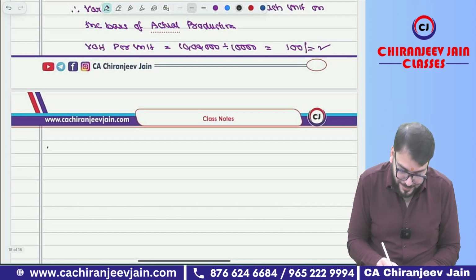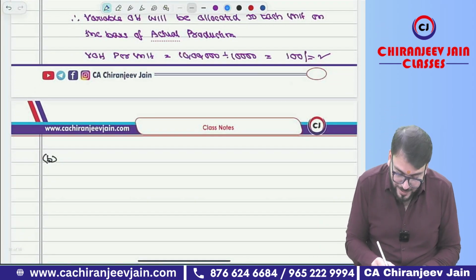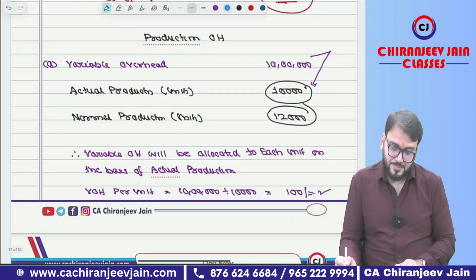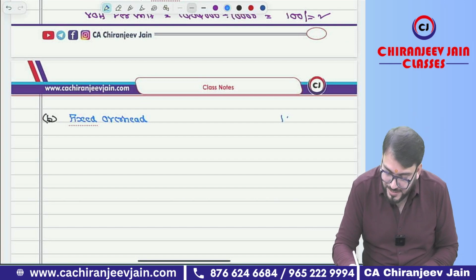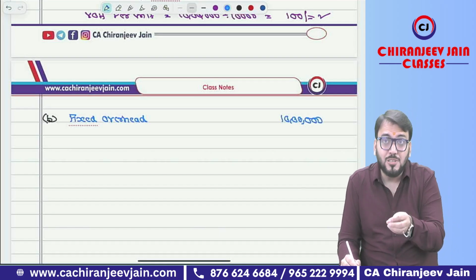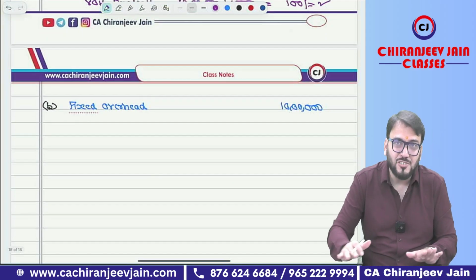Coming to point number B, fixed overhead. This is interesting. Let's say the fixed overhead is 10 lakh, which is the total cost incurred during the year.